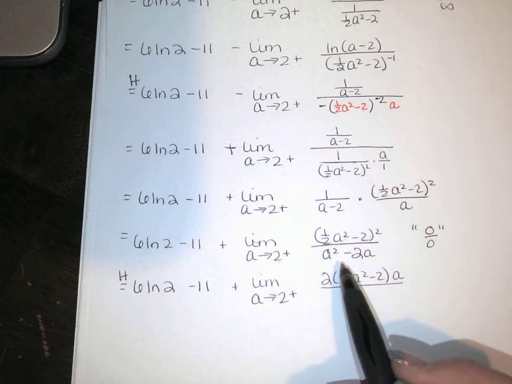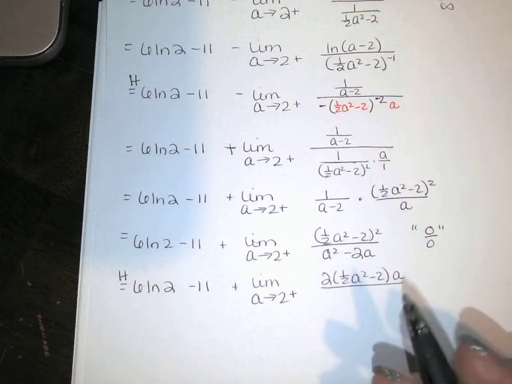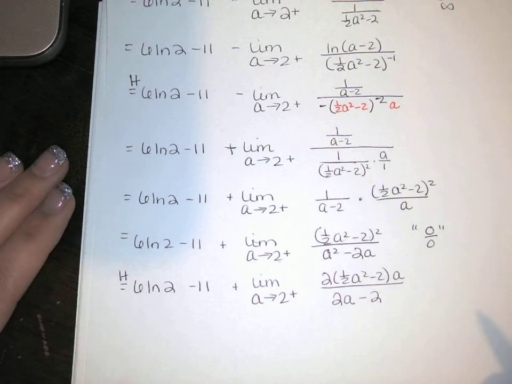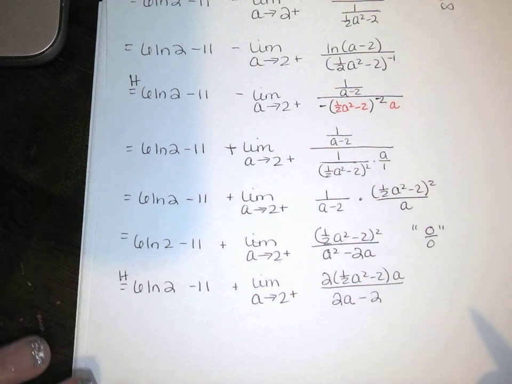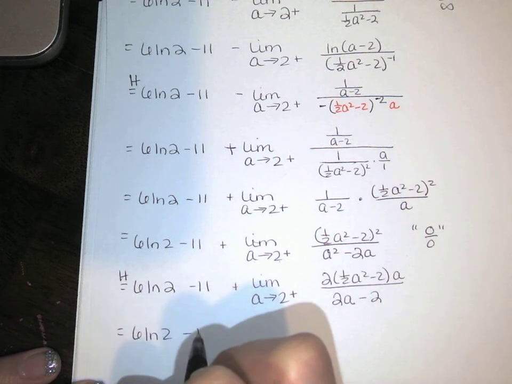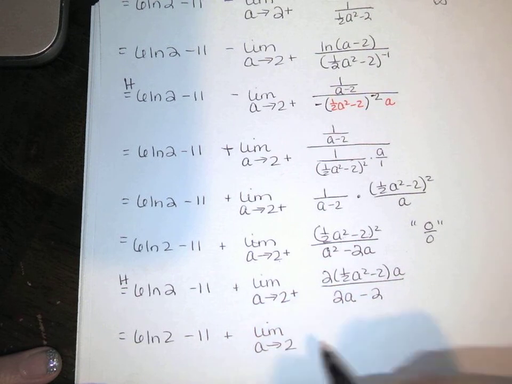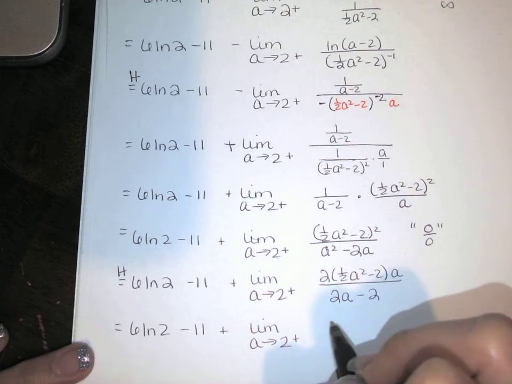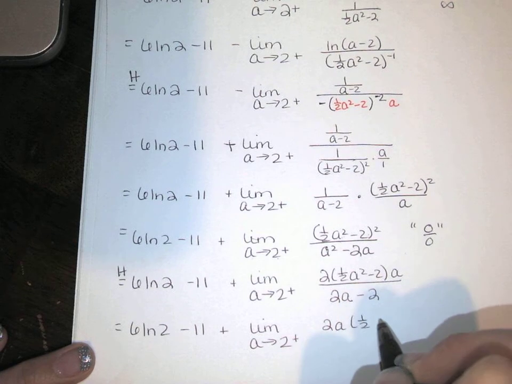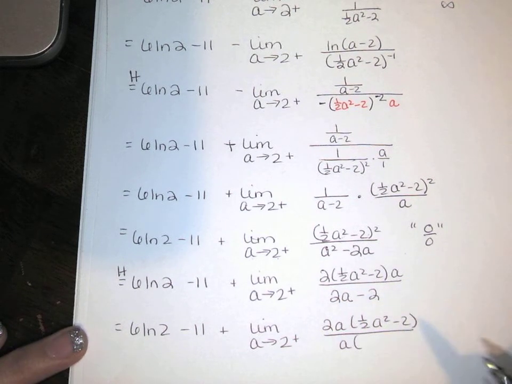And we're dividing all of that by the derivative of the denominator, and the derivative of the denominator is 2a minus 2. And I see that some 2's reduce. That's nice. So I can factor out a 2 up here, and factor out a 2 here.